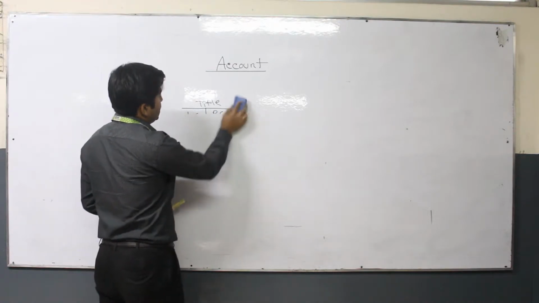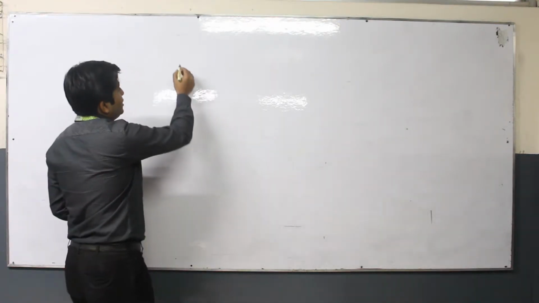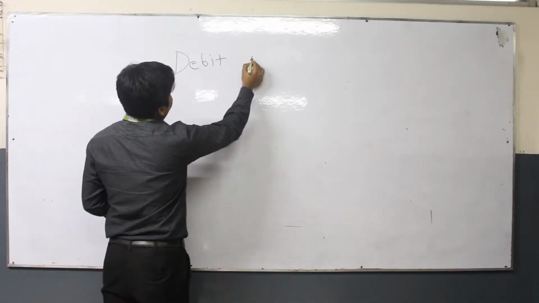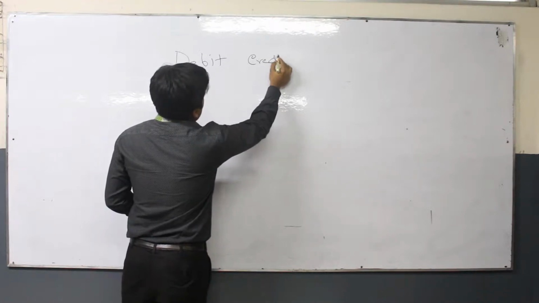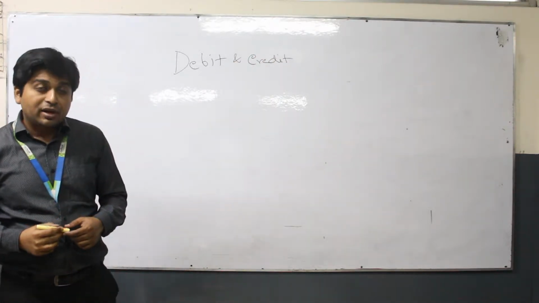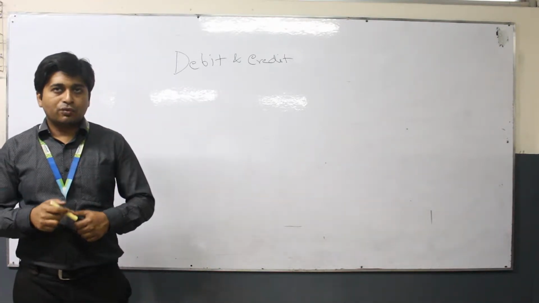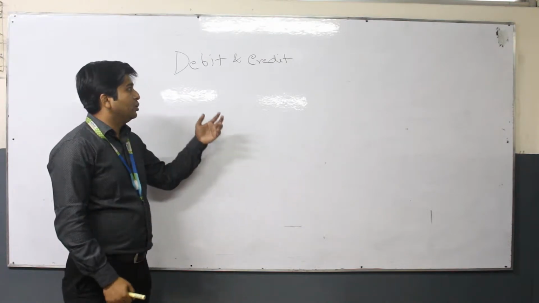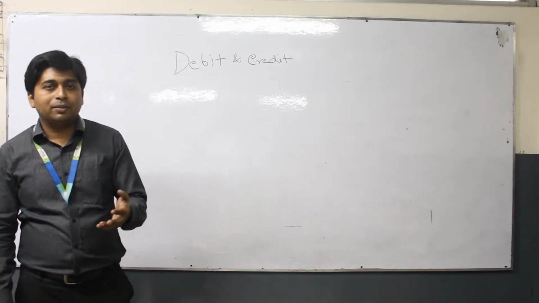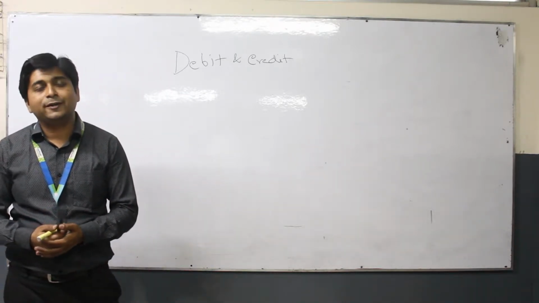So in accounting, debits and credits are directional signals. In mathematics, we use different symbols like plus, minus, multiplication and division signs.